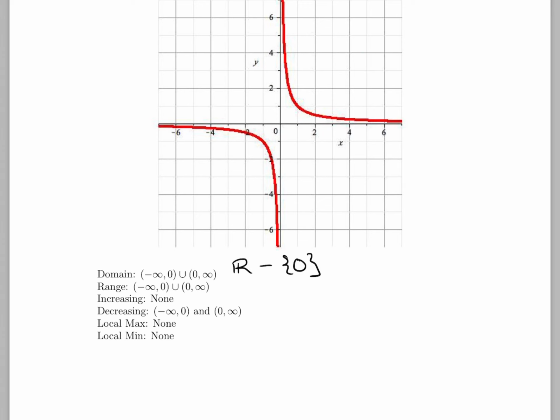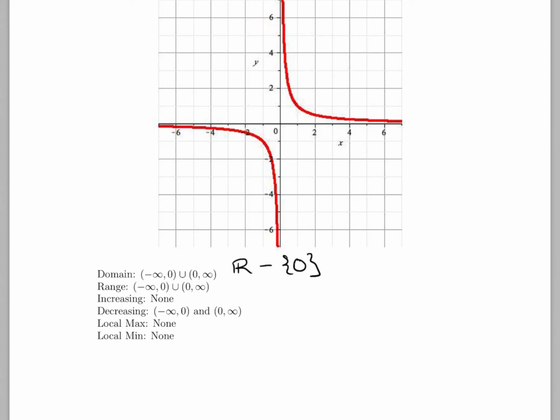My range, I can get any real value I want back from this apart from 0. There is no way for any value of x that I can make that work. If y was equal to 0, so my function value 0 was in my range, that would mean that I could get a value of y of 0. There is nowhere where 1 over something equals 0.